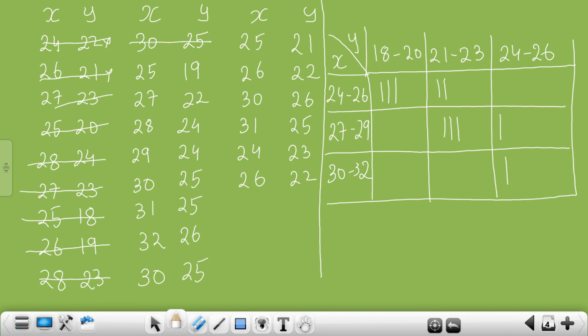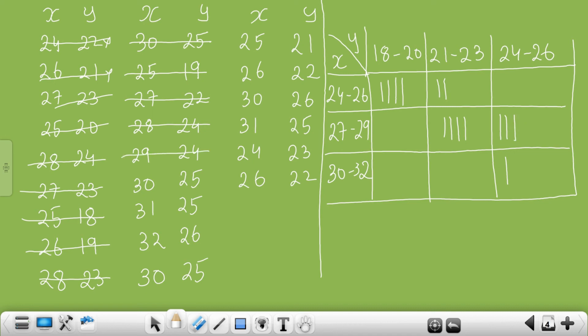X is 25 and y is 19. Right, we will cut that. X is 27 and y is 22. We'll cut that. X is 28 and y is 24. We'll cut that as well. X is 29, y is 24.